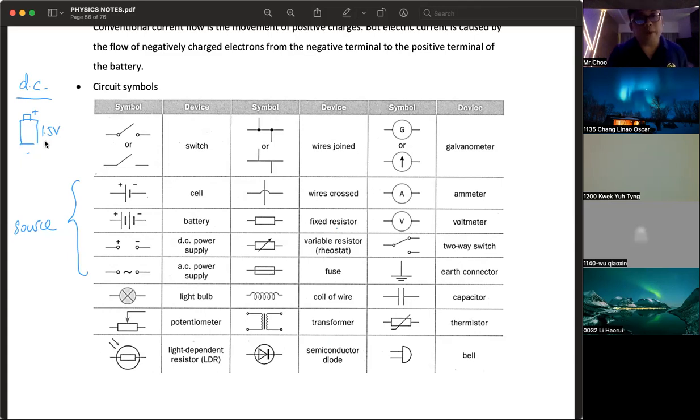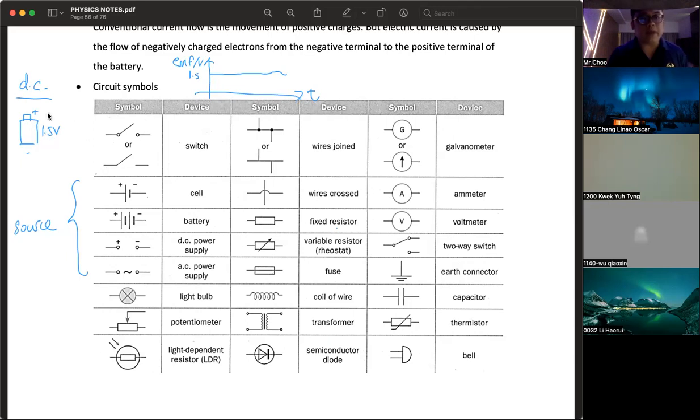This 1.5 volt is constant throughout. It may degrade over time, maybe become 1.4, 1.3, but it's always at that level, 1.5. So if I were to draw an EMF versus time graph, it is always stable at 1.5 volt. That is for a DC, a direct current supply.